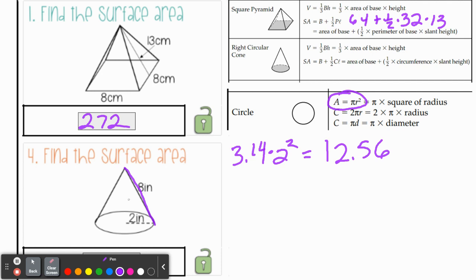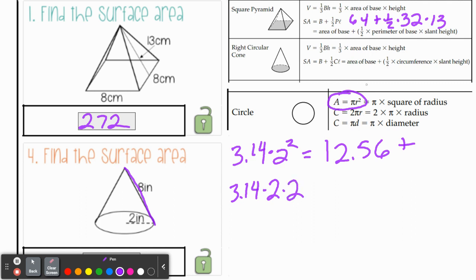Okay. So now we're going to have to add to that. So first we have to find half of our circumference. Well, they gave us radius. So I have to take 3.14 times 2 times 2 basically.